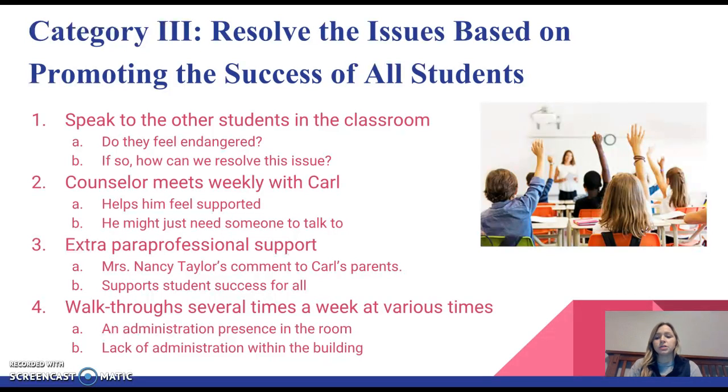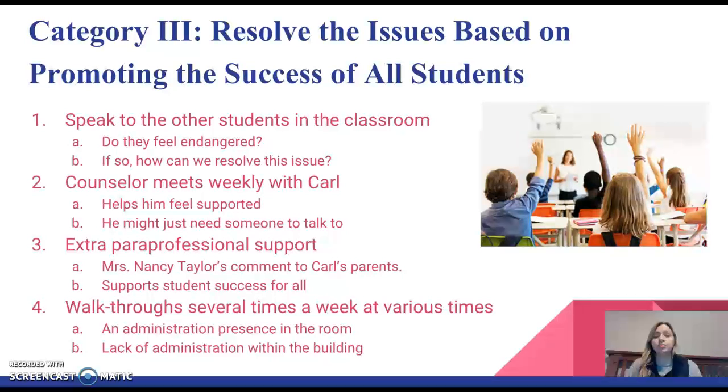And then I would suggest extra paraprofessional support within Mrs. Taylor's class. She commented in the meeting between Carl's parents and Susan and herself that there are so many kids in this classroom, I just don't have the time to meet all of Carl's needs for him to be successful.